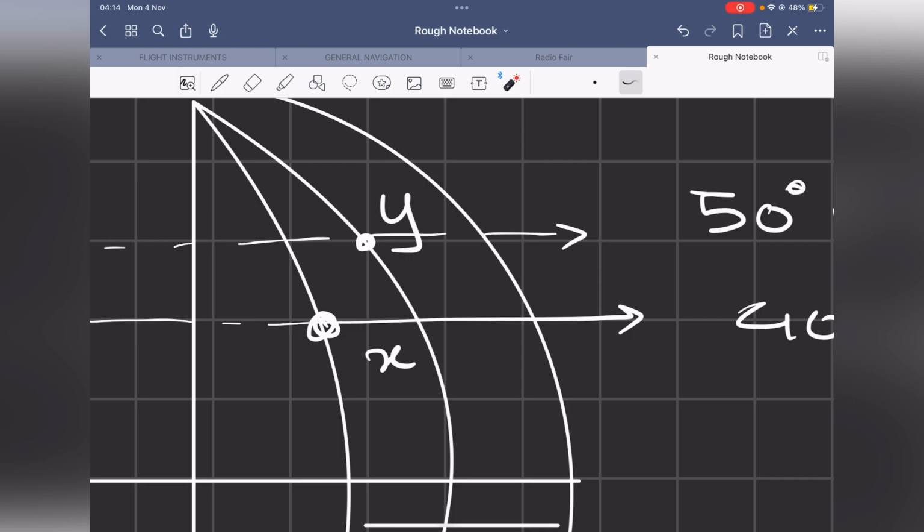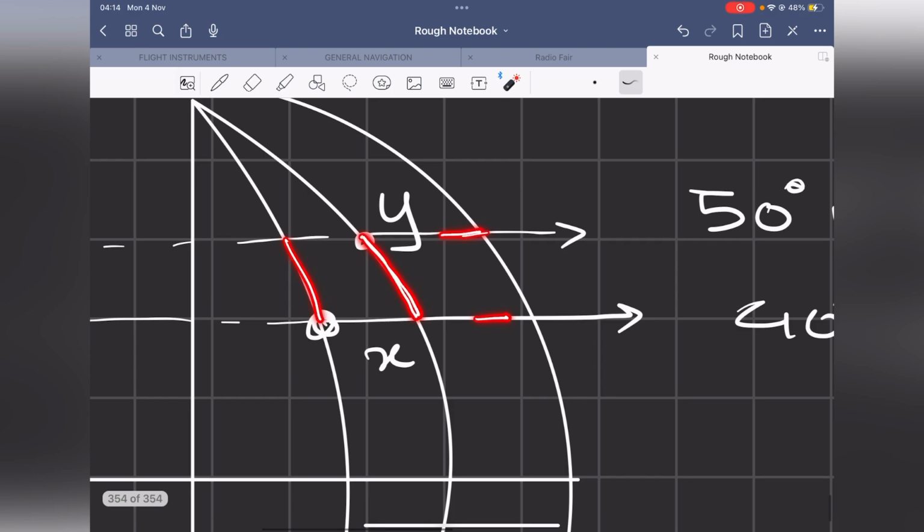Right? So, the answer is that A has flown a longer distance. Why is that? Because both of these are meridians, and they both are bound by the same latitudes, the distance between them, or the change in latitude, is the same here and here, something we studied in the last class.